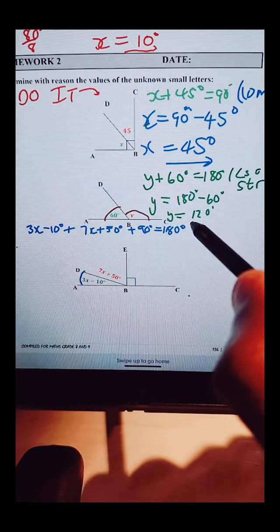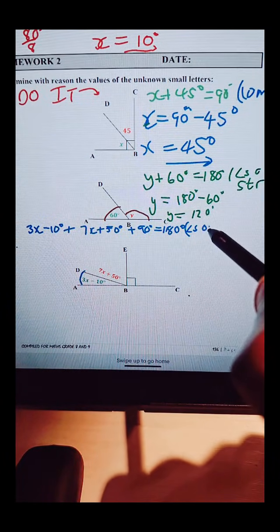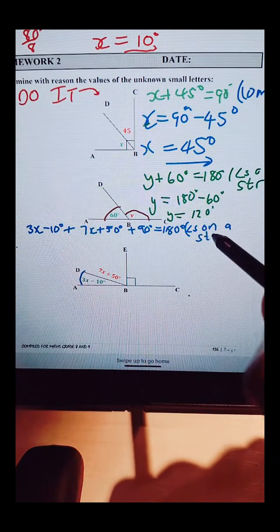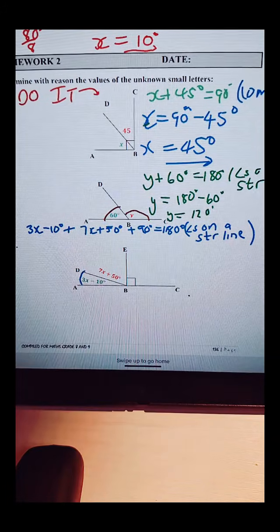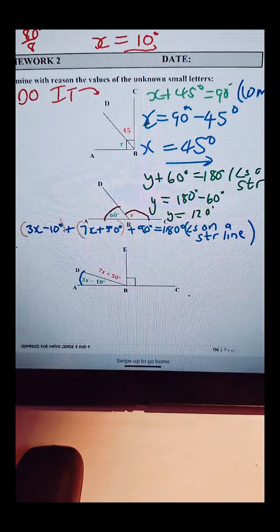What's the reason? Angles on a straight line. Okay, so I know sometimes because it's a binomial, most people will put brackets around the binomials, which is good because it's a good practice.